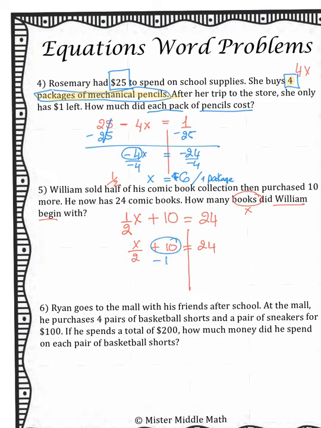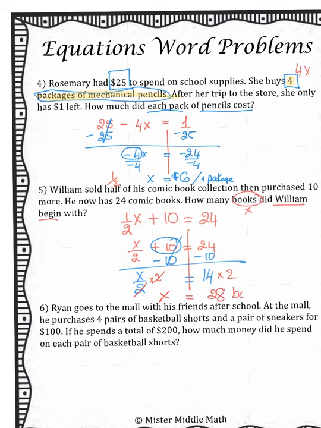Subtract 10 on both sides. x/2, I rewrite it. 10 minus 10 is 0. 24 minus 10 is 14. What is the inverse of division? Multiplication. I multiply by 2 on both sides. 2 divided by 2 gets me x. 14 multiplied by 2 is 28.